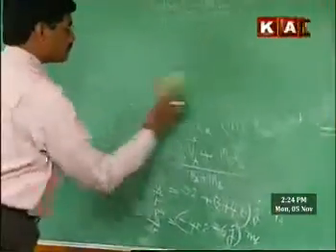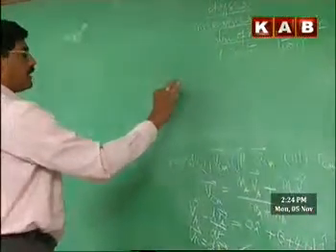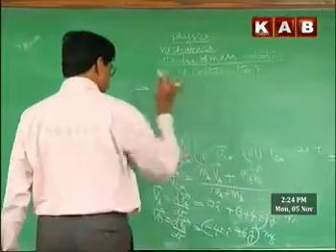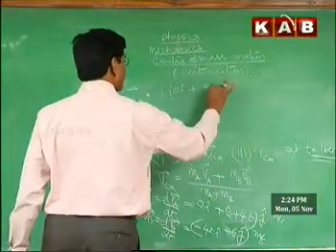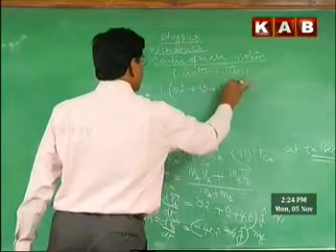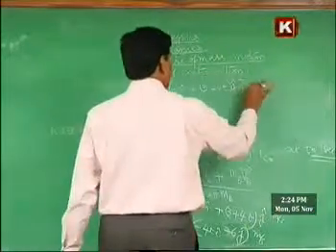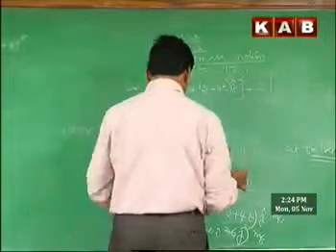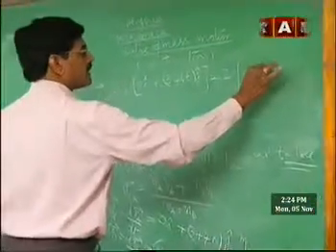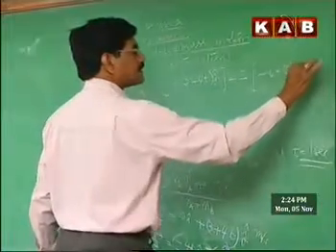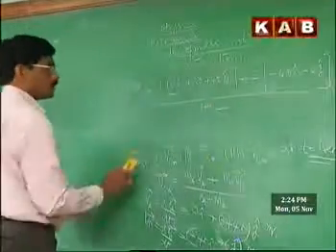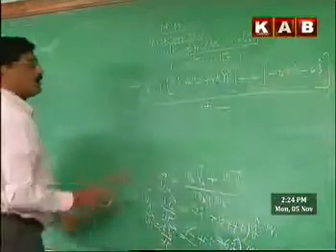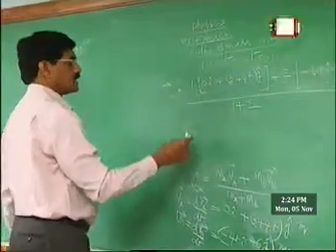We get vCM equal to mA, which is 1 kg, into vA, which is 0i plus (3 plus 4t) j, plus 2 kg into (minus 4t i minus 6j), divided by 1 plus 2. So that is the instantaneous velocity of center of mass.